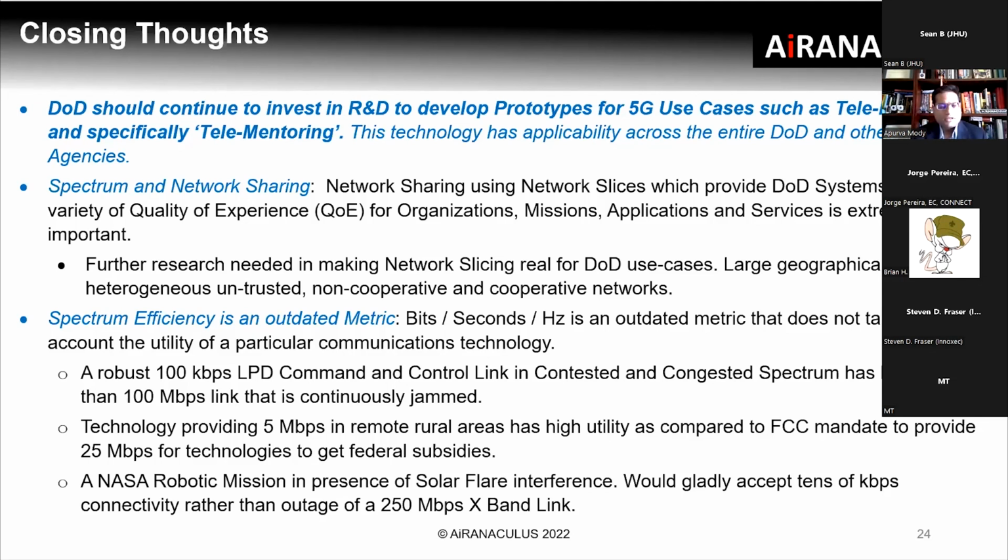It should be basically, what is the utility of a particular link? And if you only have 6 megahertz of spectrum, you're not going to be able to provide 25 megabits per second guaranteed traffic, right? So this is very important, especially in terms of getting grants and things like that.